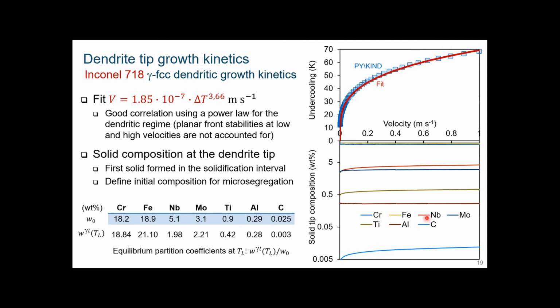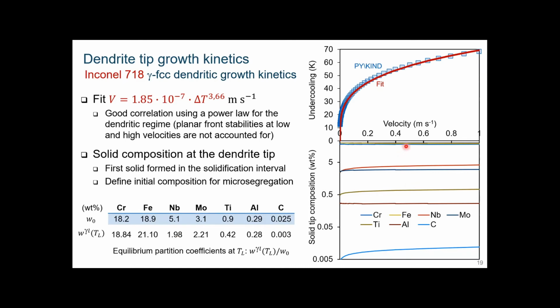If you take niobium, for instance, this is the red curve here. Niobium here should be 1.98 for the gamma FCC dendritic phase growing into the liquid. This is the equilibrium value of composition at the liquidus for zero velocity.